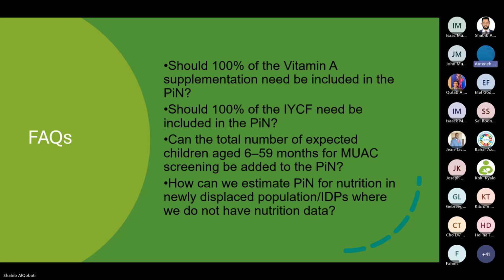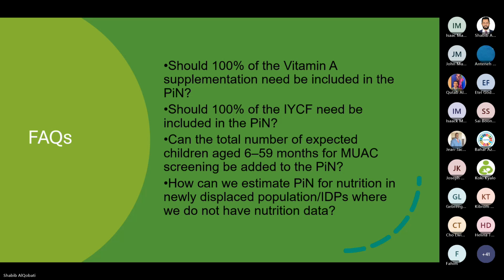If you have a combined GAM, you can use it, because depending on the country, if your admission data is based on weight for height or the MUAC, then you can use combined data, combined GAM, and I guess there are quite a number of countries who are already doing this.